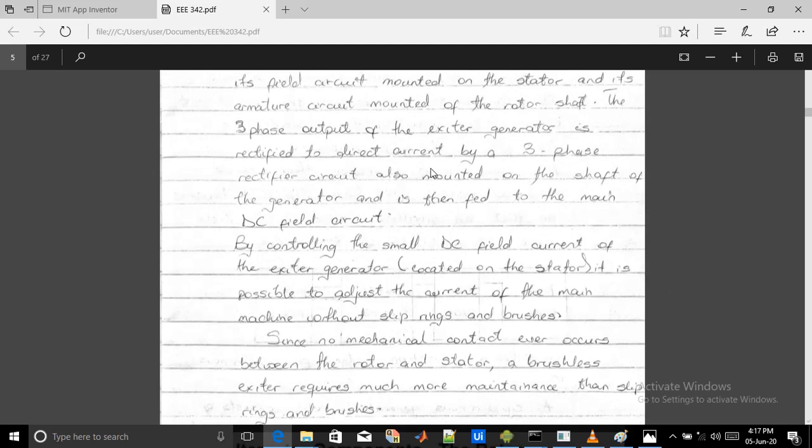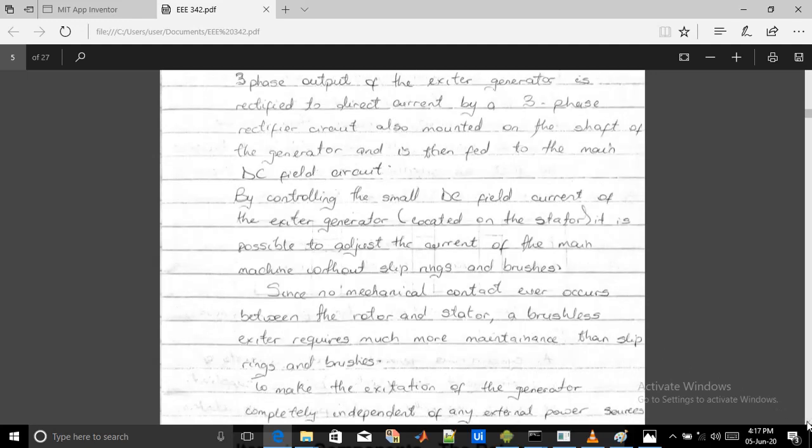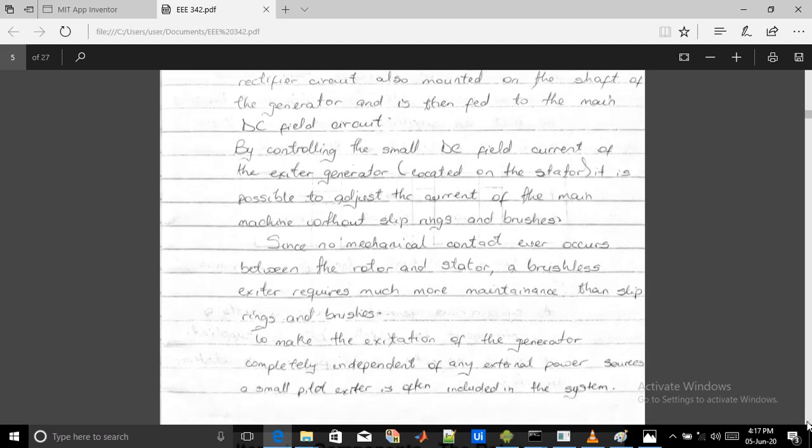The rectifying circuit, also mounted on the shaft of the generator, is then fed by controlling the small DC current of the exciter. That's a normal thing. When you control the input current, you are also controlling the output current.